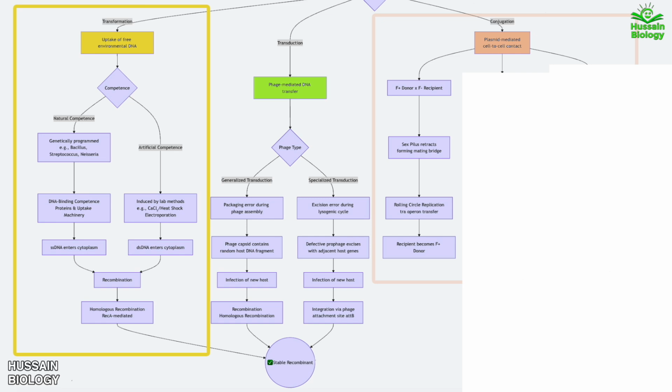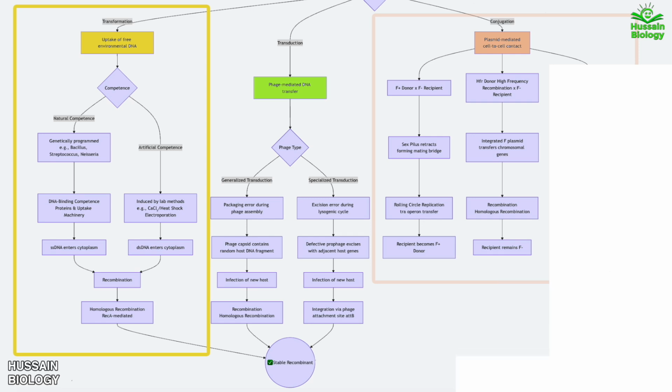When this happens, the donor is called Hfr, high frequency recombinant. In this case, during conjugation, not just plasmid DNA but also chromosomal genes can be transported into the recipient. These chromosomal segments may recombine with the recipient's DNA via homologous recombination. Interestingly, even though genes are transferred, the recipient usually remains F negative, because the whole plasmid is rarely transferred completely.